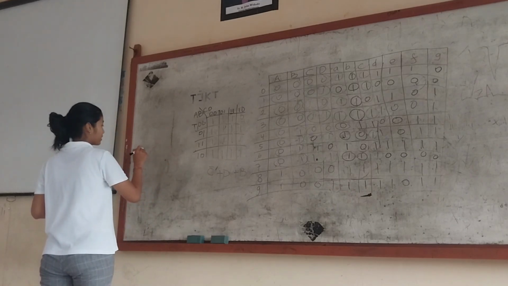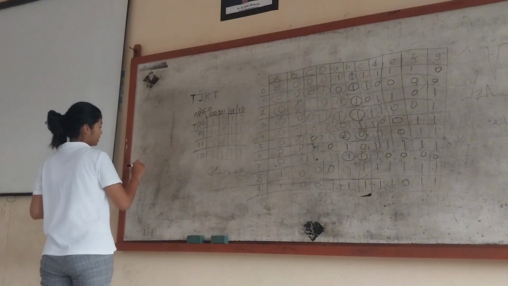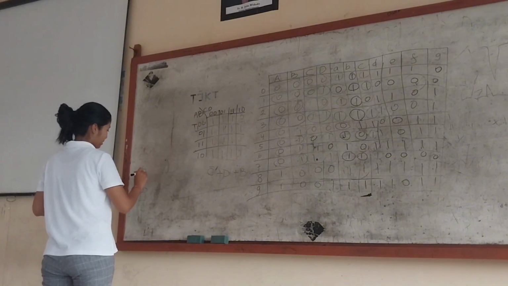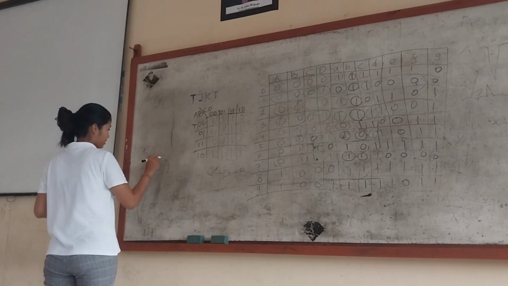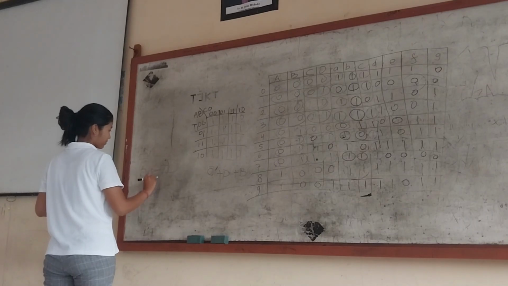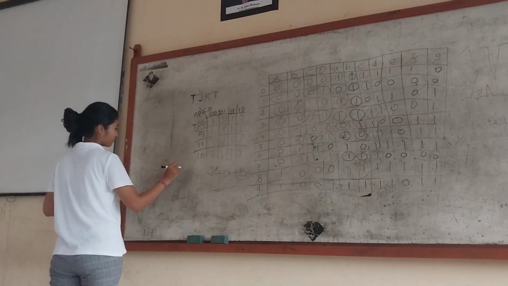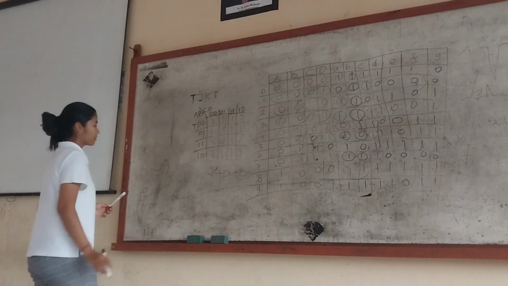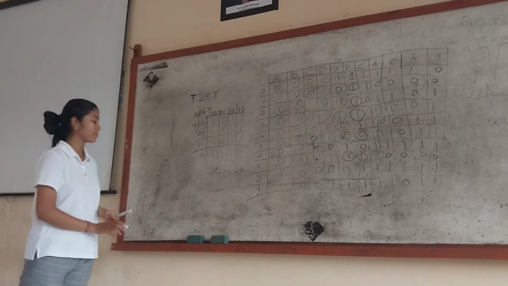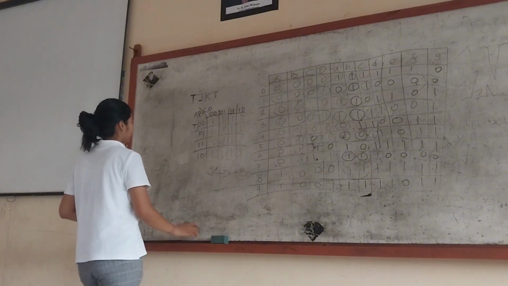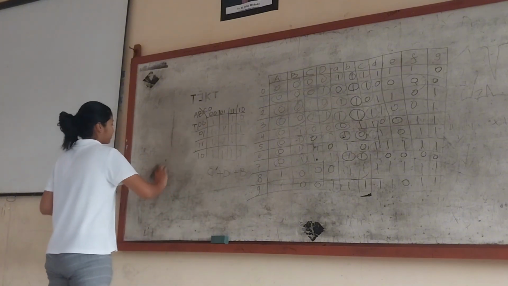So here this is B, this is C, and this is D. Because the C has inverted, we write like this. So I think this is the final result of the C circuit. I will next do the D.